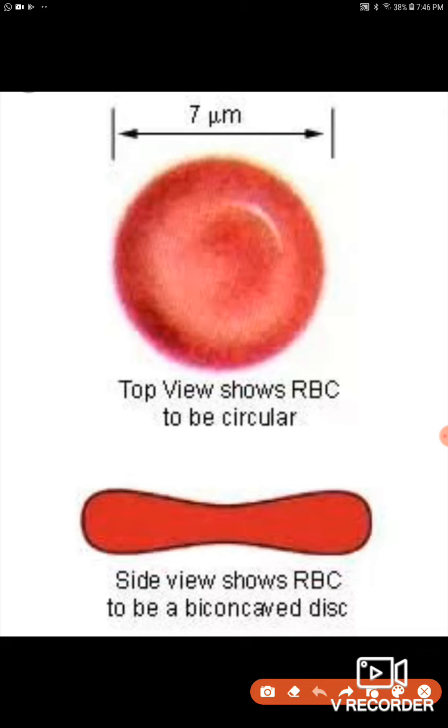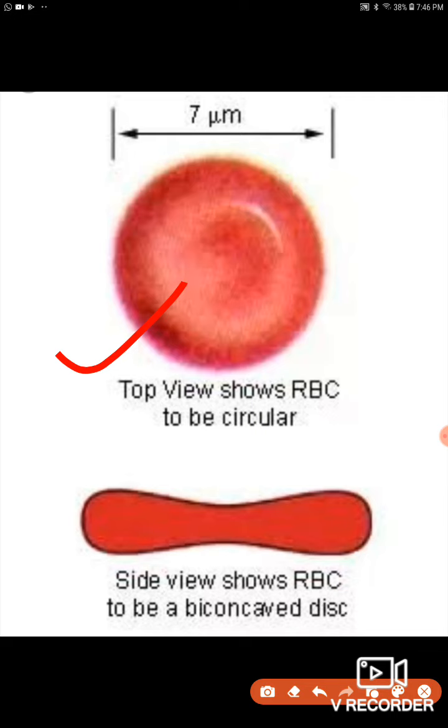The small size plus this concavity provides a large surface area, which makes them very efficient in absorbing oxygen. And for their betterment, the small cells help them because RBCs can travel through very fine capillaries in the body.